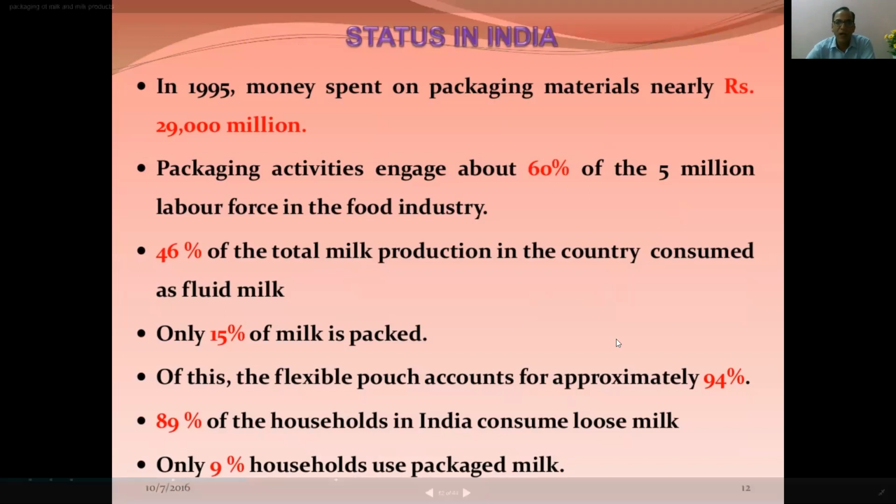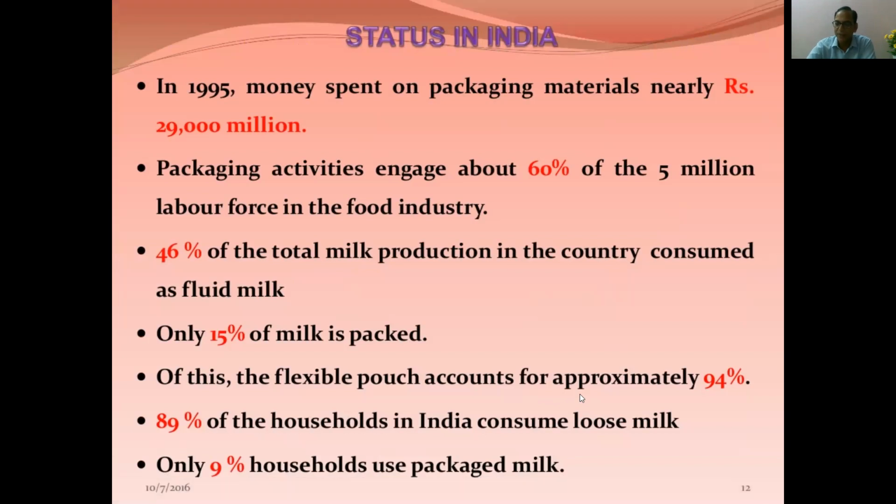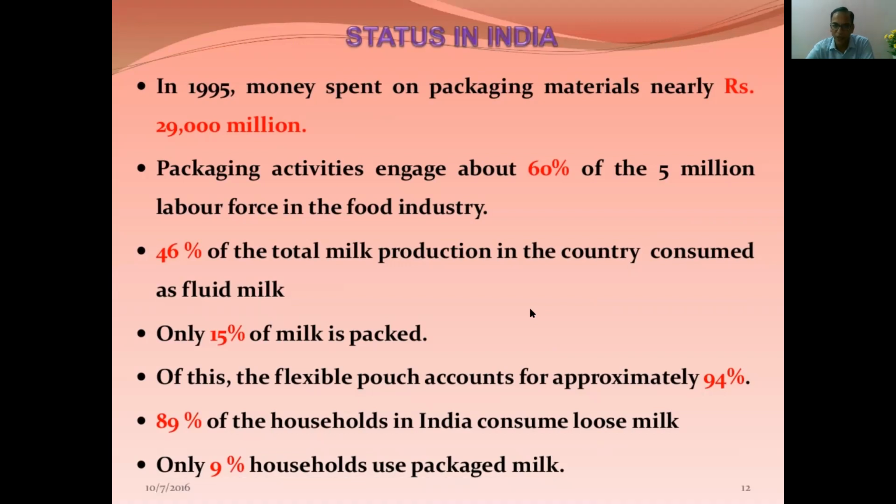So if we talk about some of the status, you can see the status here that in 1995, approximately 29,000 million rupees were spent on the packaging, and packaging activities engage about 60% of the 5 million labor force in food industry. 46% of the total milk production in the country is consumed as fluid milk. Only 15% of the milk is packed.